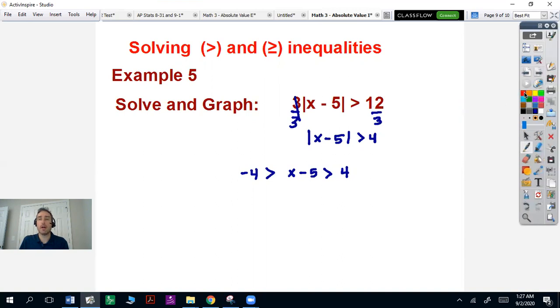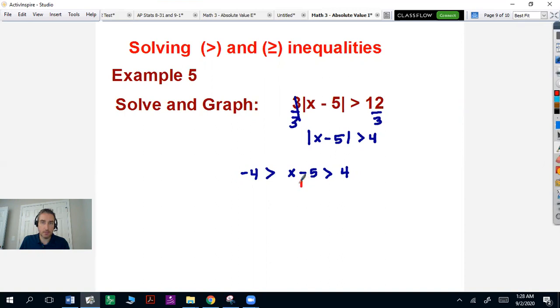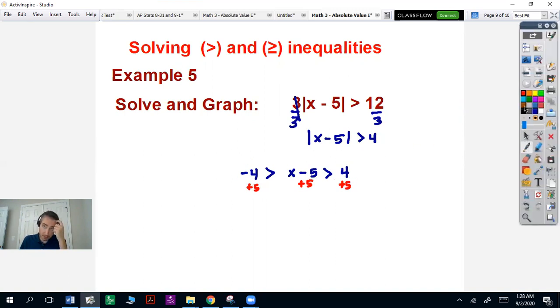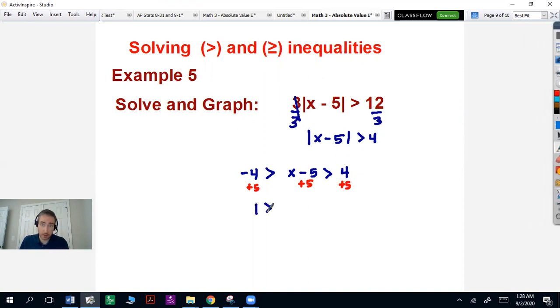So when you're solving that, you're going to add the 5 to both sides. So we'll add it to the 4 and the negative 4. And that's going to give you positive 1 in this case, greater than or equal to x. Now, we can't really do greater than, it doesn't work to put the x in a sandwich this way.